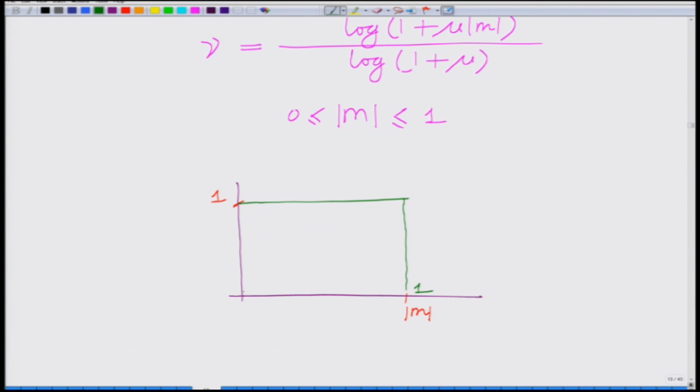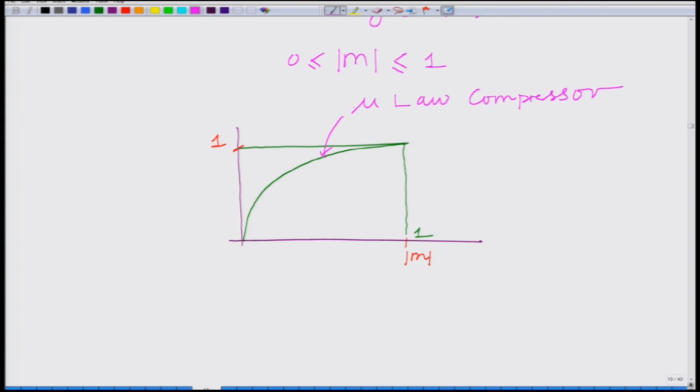It is a concave mapping which is given as follows. This is the mu law compressor, the log function, which is a concave function.